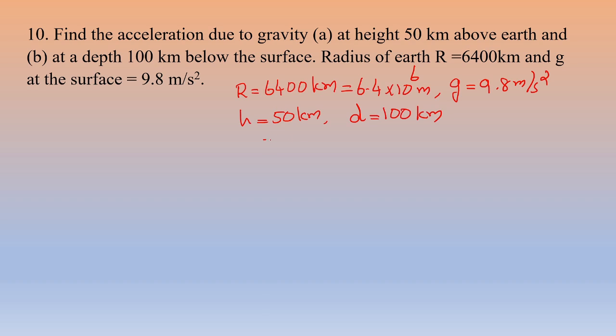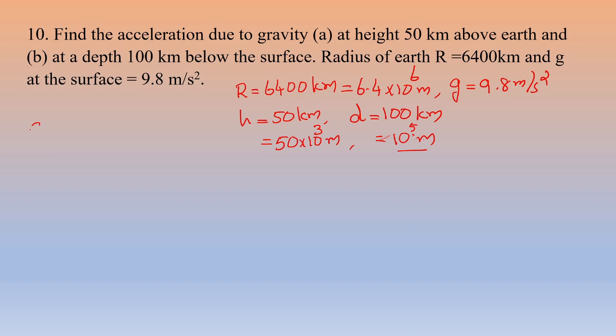That we can also convert into meter, that is h is equal to 50 into 10 raised to 3 meter, and d is equal to 100 kilometer, that is 100 into 10 raised to 3, that is equal to 10 raised to 5 meter. Okay, now we know the variation of g with the height.